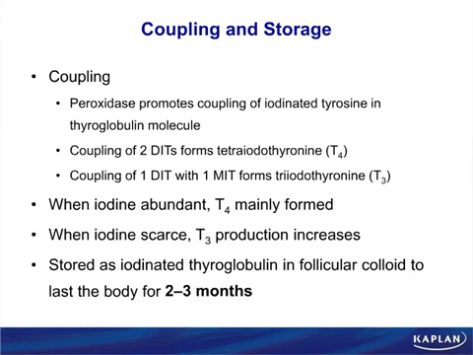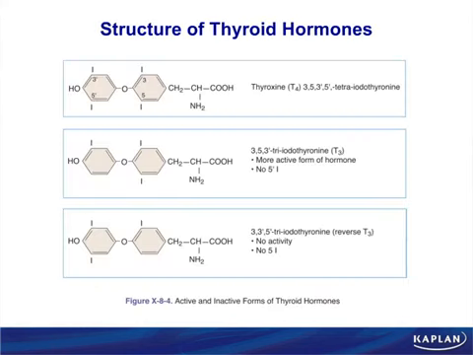That's all. So these pictures just show you that T4 has surprisingly 4 iodine molecules, and T3 and reverse T3 have 3 iodide molecules. And the only difference between T3, which is very active, and reverse T3, which is completely inactive, is just the location of where the iodide is on the molecule. Now, it's going to show you this because we want you to see that it's incredibly similar.